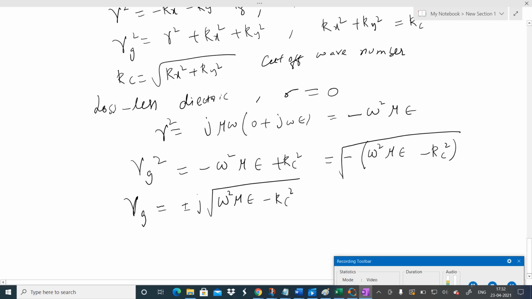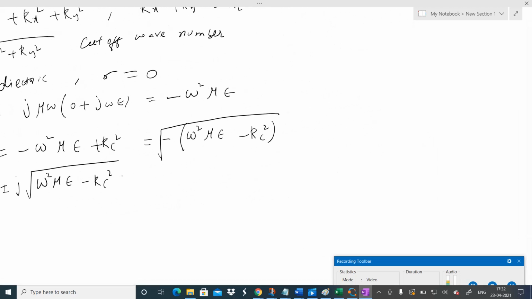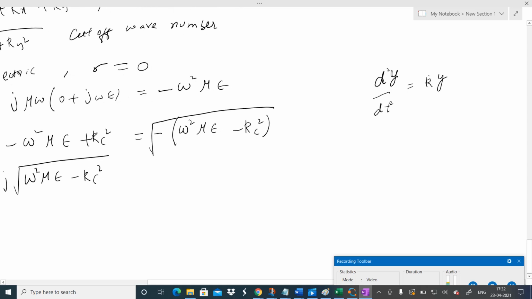You should recall one fact if you have done partial differential equations, especially the wave equation in your second semester, that if you have d2y upon dt2 equal to some constant times y, right? You will see that if this constant is positive, we will get damped waves, we will not get the proper waves.